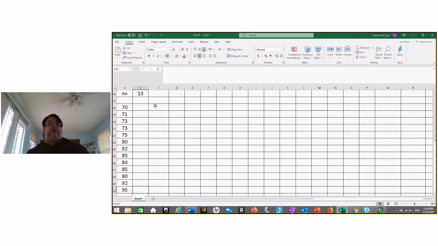Okay, now I'm not going to do the mean and all that stuff. I'm just going to find the 5-number summary. The 5-number summary consists of the min, the first quartile, second quartile, third quartile, and max.